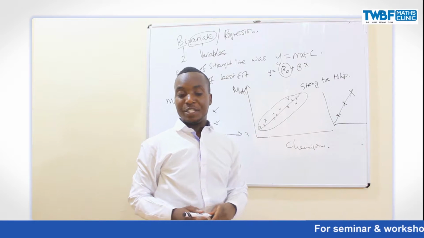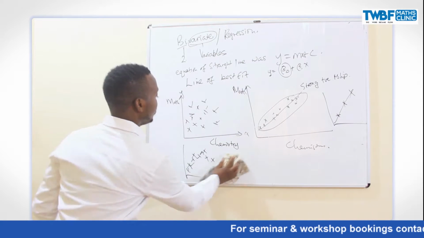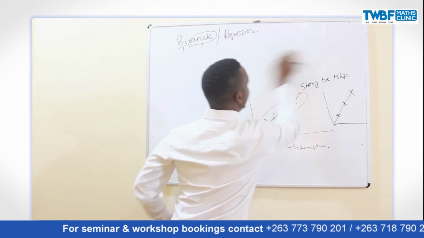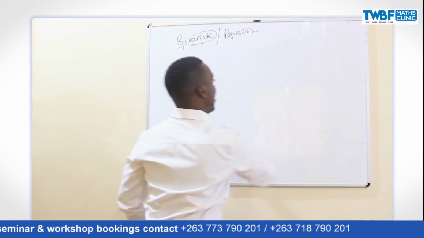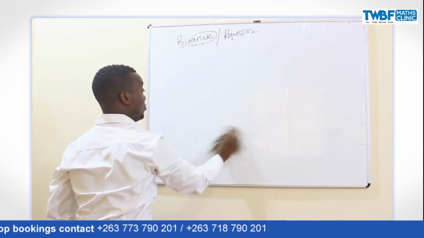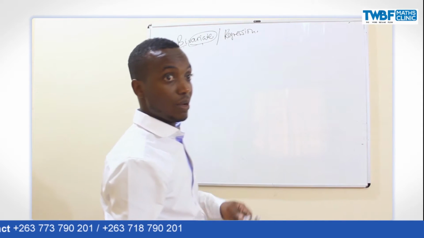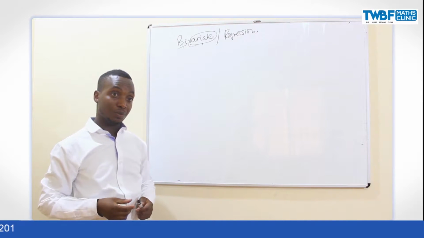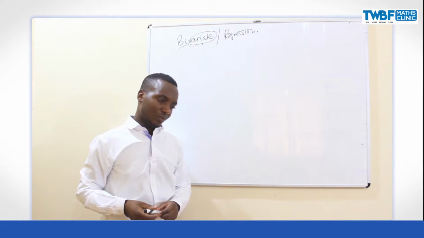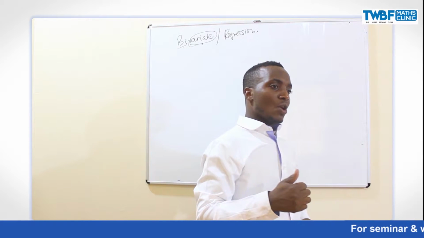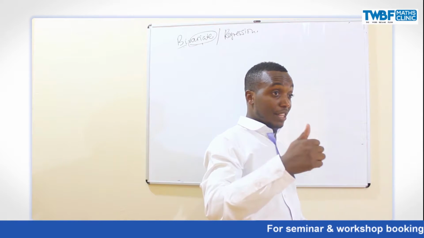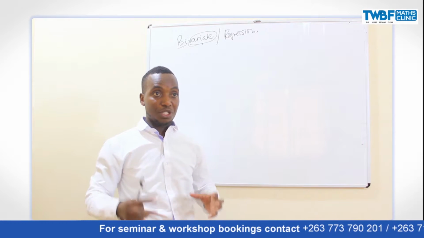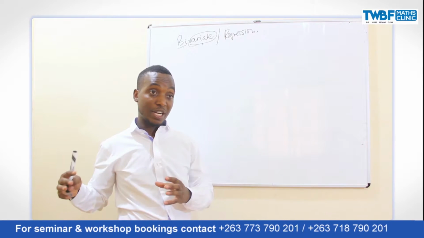Okay? Alright. So now, just bear with me, let me clear here. When we're doing regression, it's not always that we deal with two variables. We can deal with 5 or so, multivariate, whatever. But in this case, for bivariate, we're only dealing with 2. So now, what we are saying is, we need to establish the strength of a relationship for us to be able to say this relationship is strong, weak, or there is no relationship.